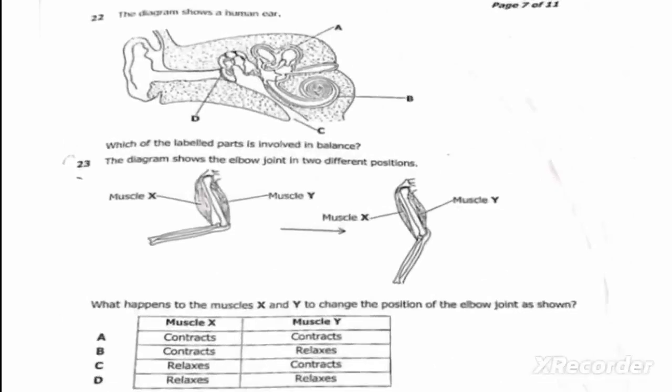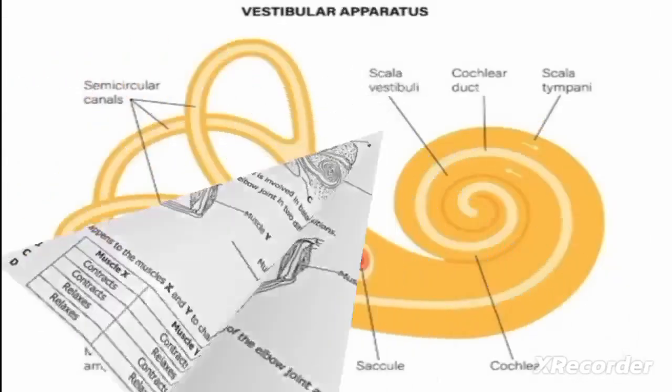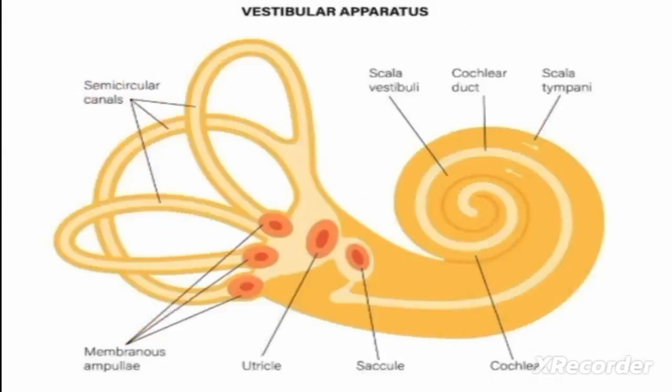We shift to the next question, which is question 22. The question reads, the diagram shows a human ear. Which of the labeled parts is involved in balance? The collective apparatus here is called the vestibular apparatus.